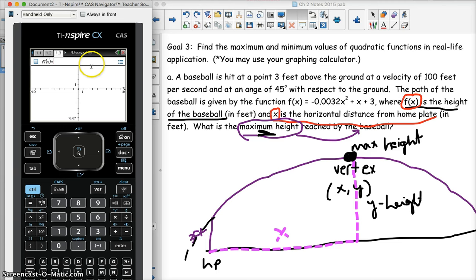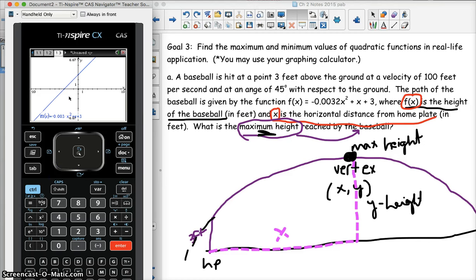You have to type in the other side of the equation. So in this case, we would enter negative 0.0032 x squared plus x plus 3, and then press enter.